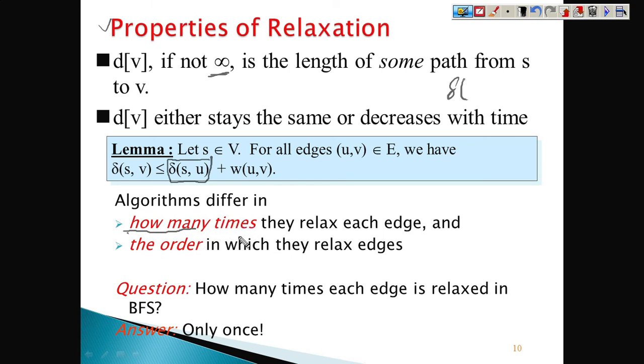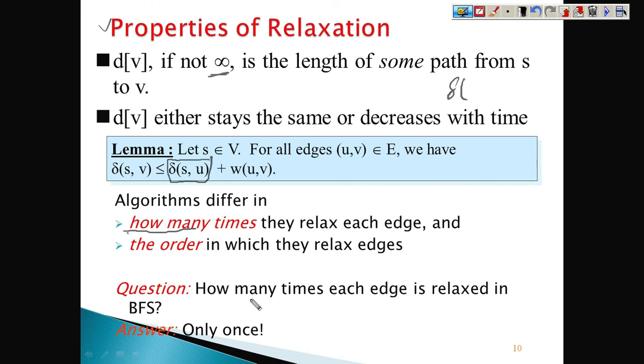For example, in the Dijkstra algorithm we relax each edge only once, whereas in the Bellman-Ford algorithm we relax these edges many times. It all depends on what the algorithm is using, and that defines the different strategy and makes the algorithm different.